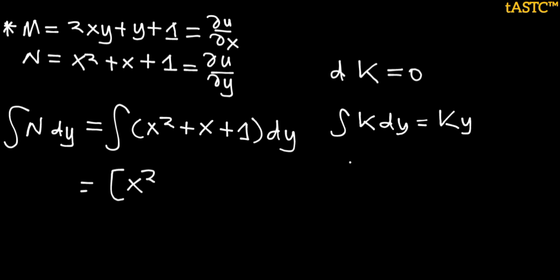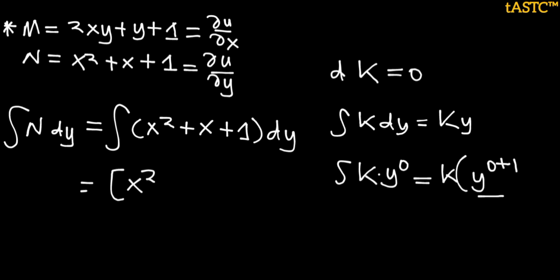Now we already know that if you have an integral without any y attached to it, that basically means you have a y to the 0th power. Now in order to integrate this, you need to place a k, which is a constant. Next up, you need to add a 1 to the power and divide it by the 0 plus a 1.